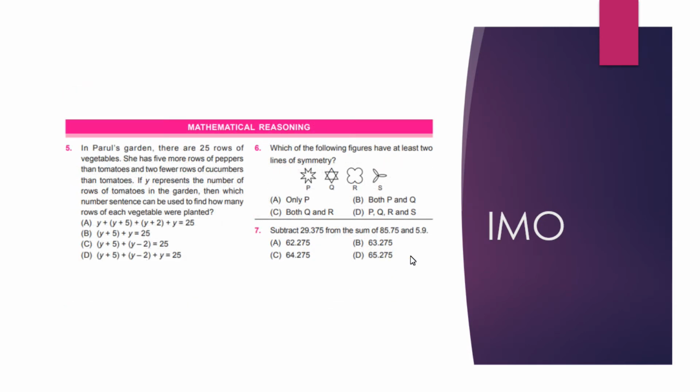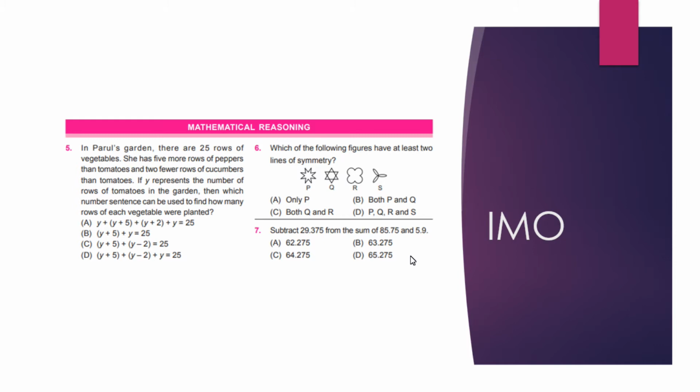In Parul's garden there are 25 rows of vegetables. She has 5 more rows of pepper than tomatoes and 2 fewer rows of cucumbers than tomatoes. If y represents the number of rows of tomatoes in the garden, then which number sentence can be used to find how many rows of each vegetable were planted?